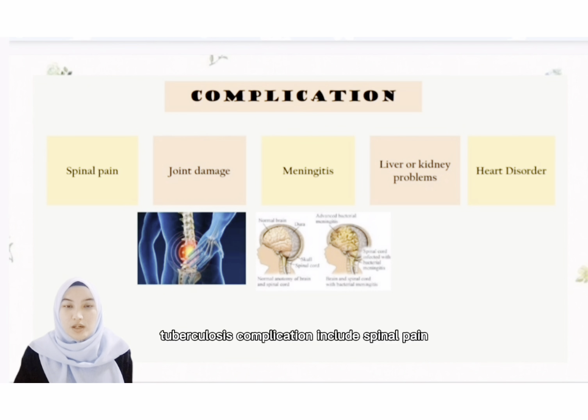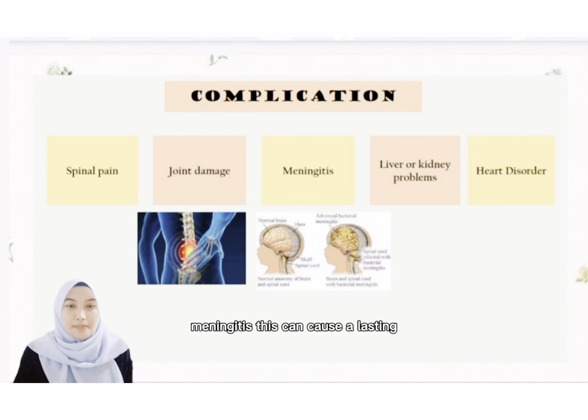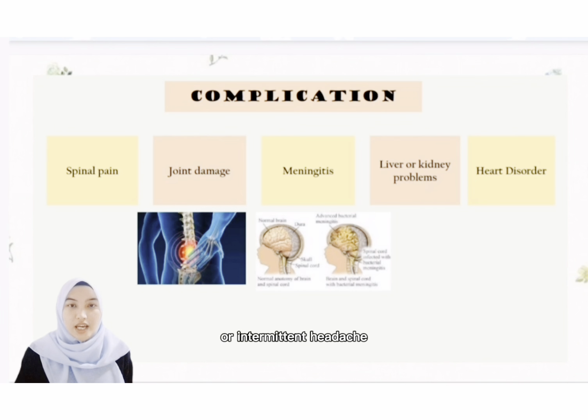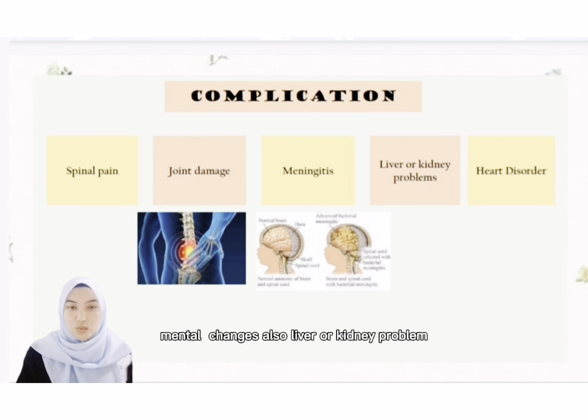Tuberculosis complications include spinal pain. Back pain and stiffness are common complications of tuberculosis. Joint damage: tuberculosis arthritis usually affects the hip and knee. Swelling of the membranes that cover the brain, meningitis, can cause a lasting or intermittent headache that occurs for weeks, and mental changes also.